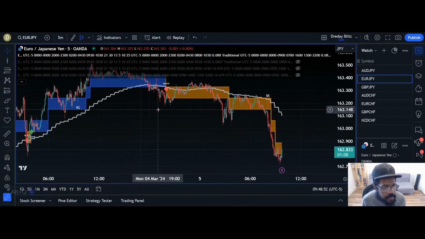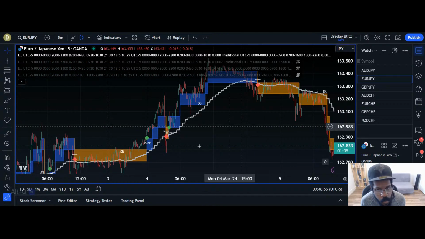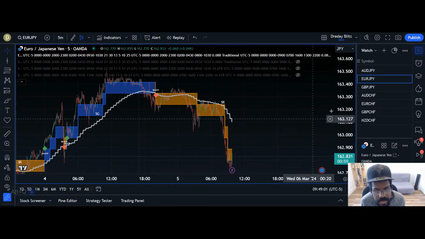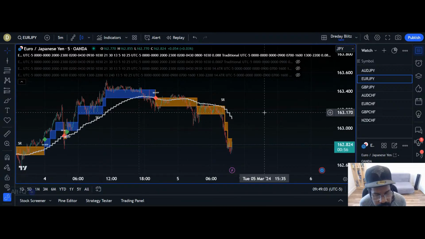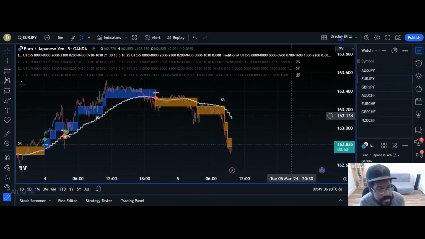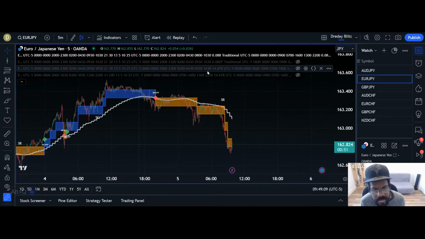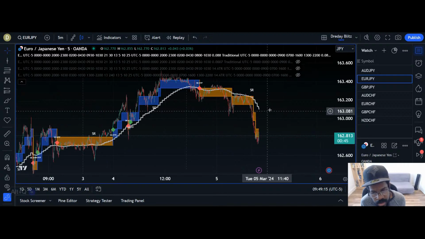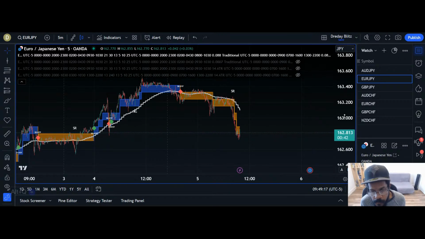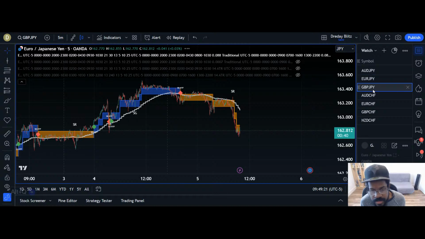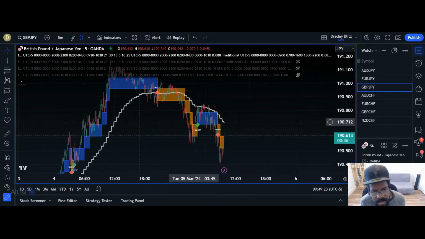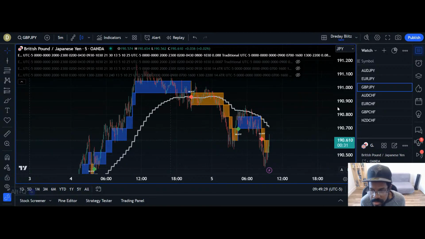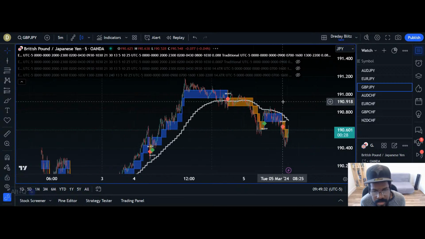Yeah, exactly. Yeah, the yen pairs are still moving bearish, so all good. Mm-hmm.